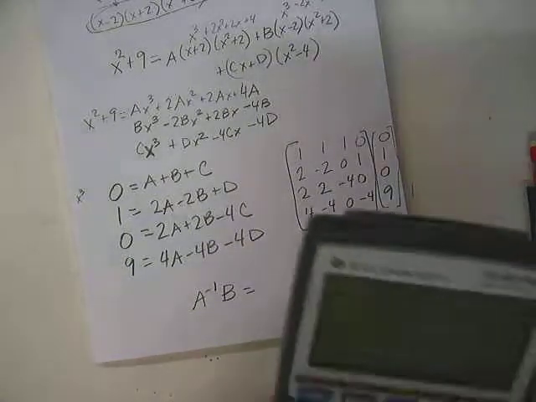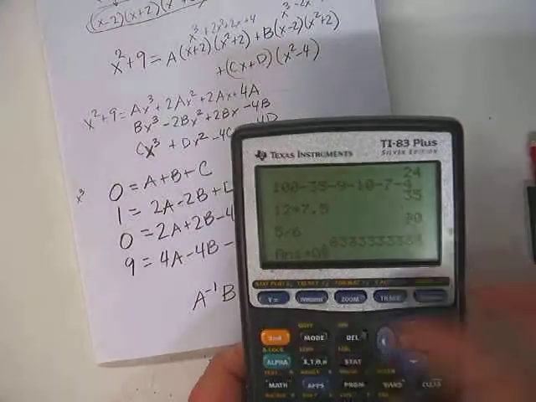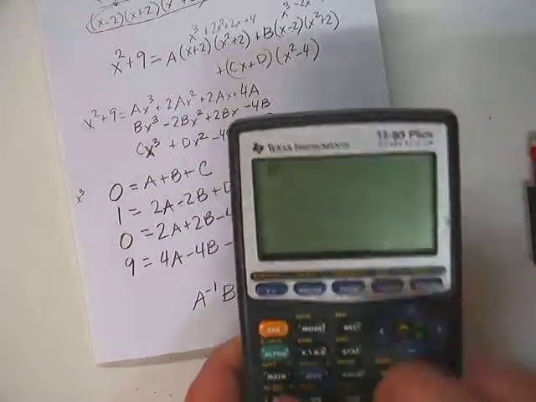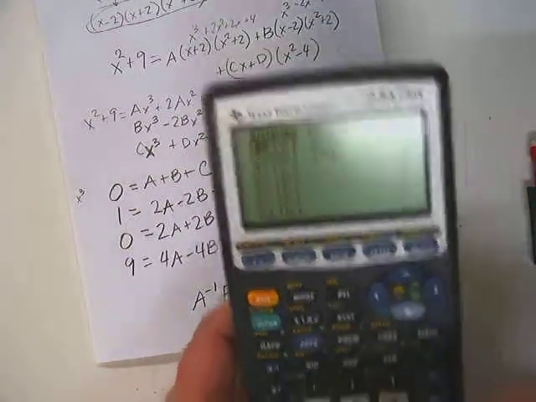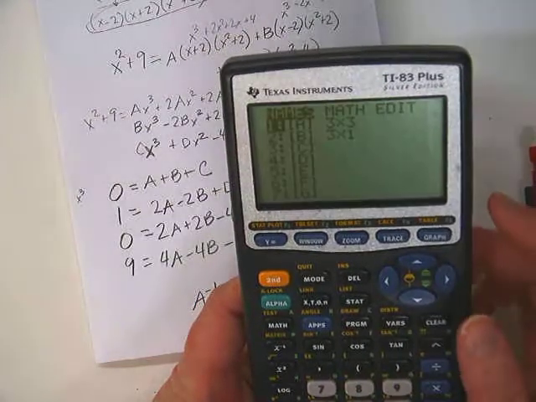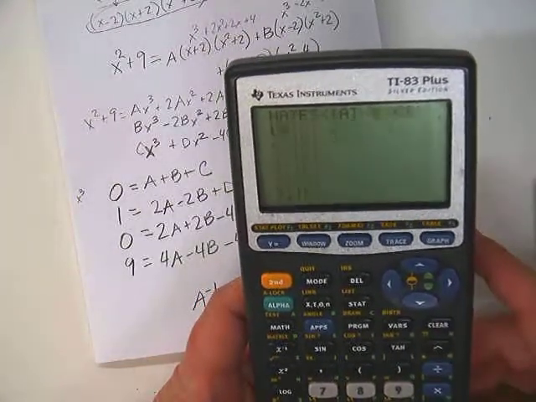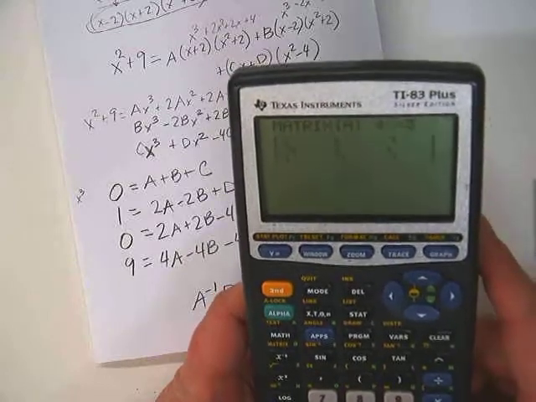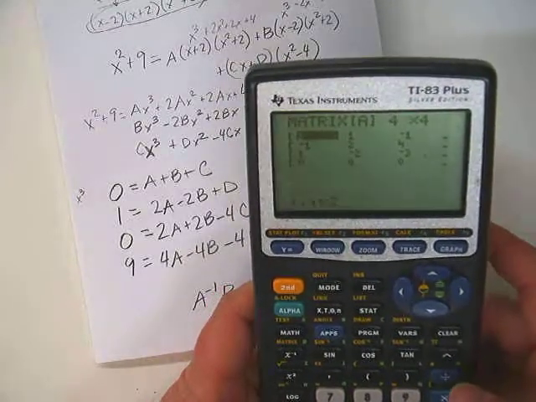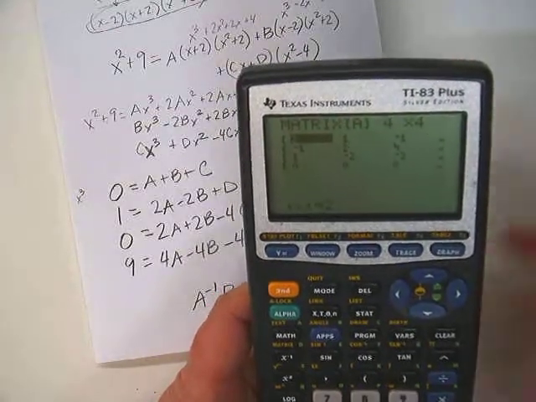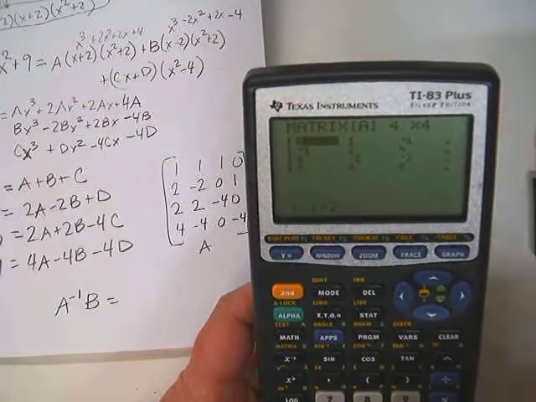Okay, calculator time. So I'm going to go to second matrix. I'm going to go over to edit. I'm going to choose matrix A. I'm changing it to a 4 by 4.